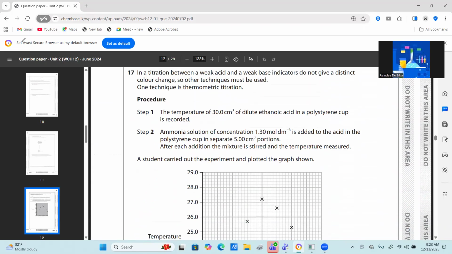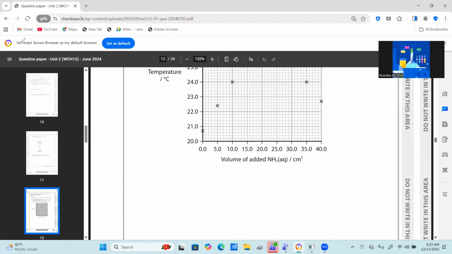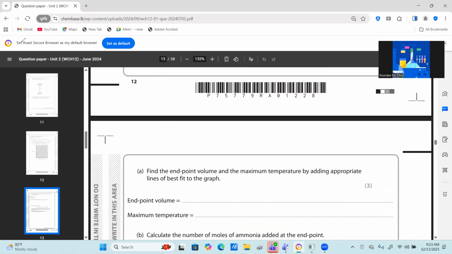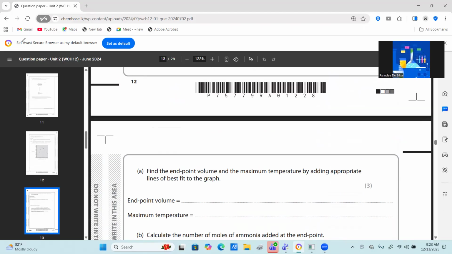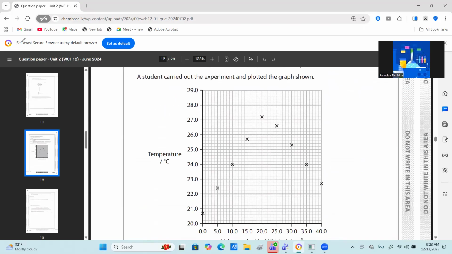Then the 17th one. Find the endpoint volume and the maximum temperature by adding appropriate lines of best fit. So they have already marked everything. We need to draw the lines only. So I can draw a straight line of best fit like this.